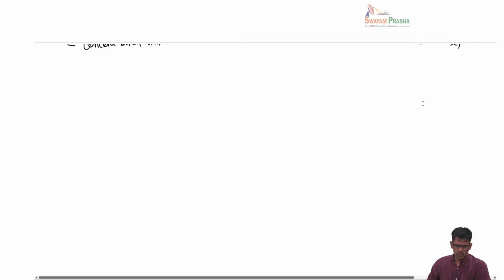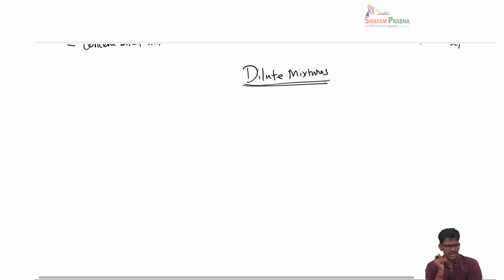Now let us look at why the dilute mixture case is so simple to deal with. So when I say dilute mixture, I am talking about both gases as well as a liquid. Okay. So in the entire operation, if you look at the change in the compositions both in the liquid or in the gas, you can treat both mixtures as dilute mixtures. Okay. So the consequence of this assumption is the following.